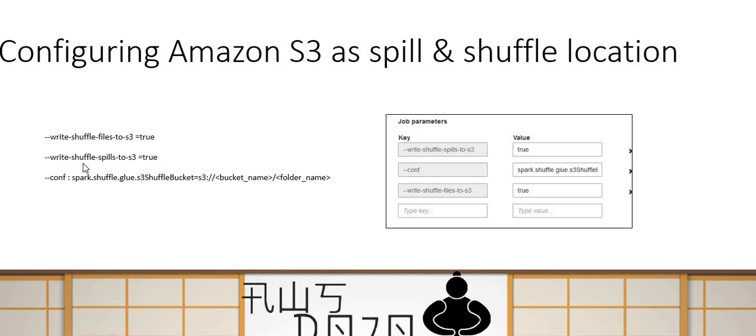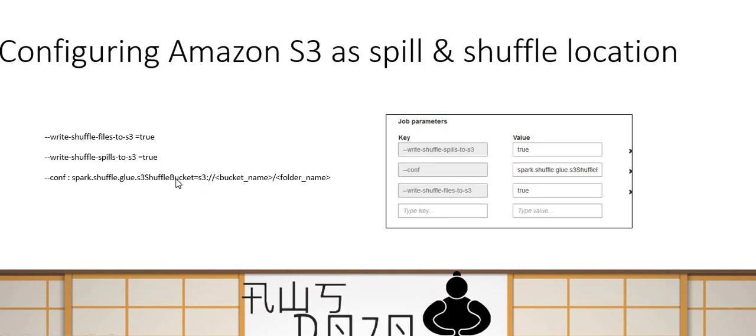The second one is write shuffle spills to S3 equal to true. If you put this one, that means telling the Glue job that if you create any spill data, don't use local disk, but write to the S3 bucket. And you can also provide a configuration where you're simply saying that my S3 shuffle bucket location is this particular bucket and this folder, or it could be only a bucket as well.